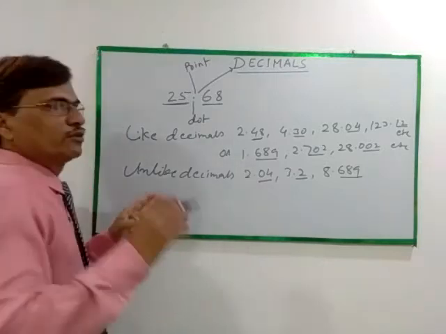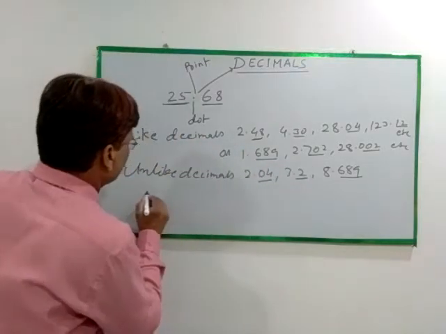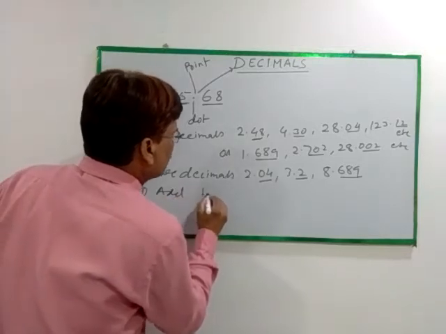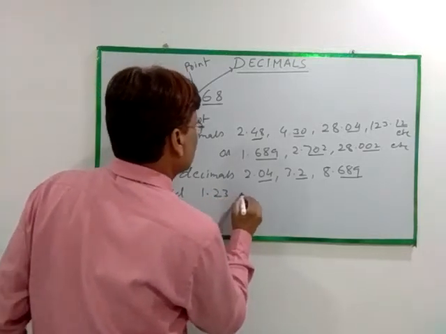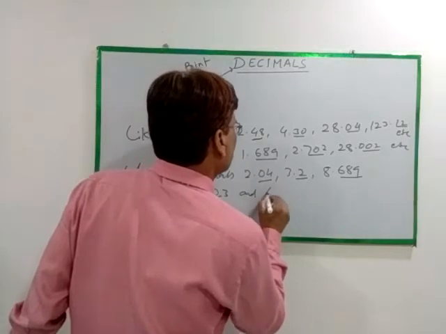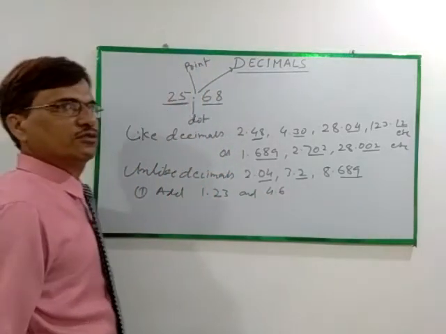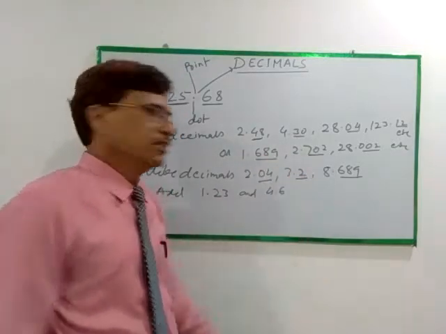Suppose we add 1.23 and 4.6. How to add?